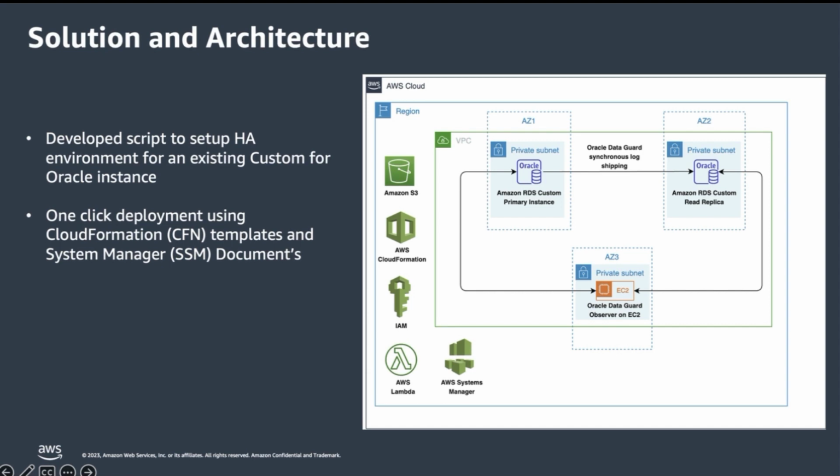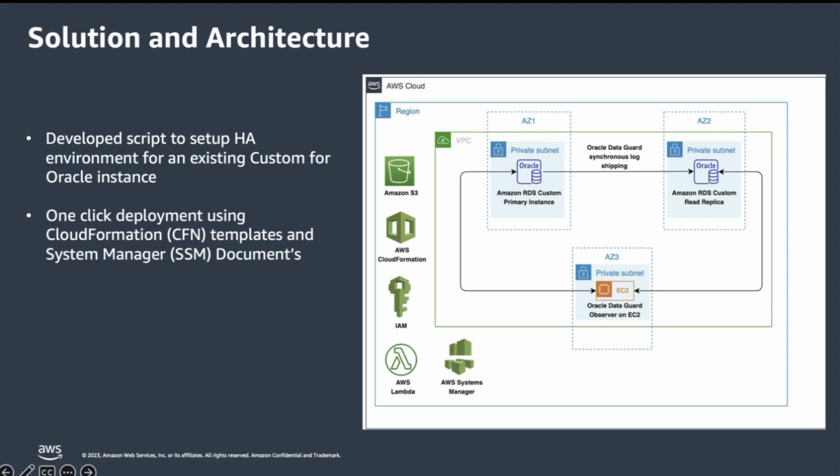If the primary is unable to contact the standby after a user specified period of time, it drops out of synchronous transfer mode and begins operating as though it were in maximum performance mode. And when the standby becomes available again, the primary and standby resynchronize and resume that synchronous redo transfer.